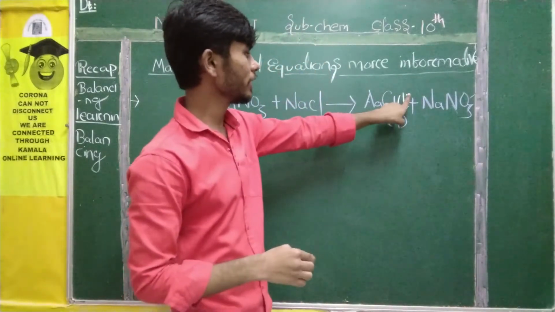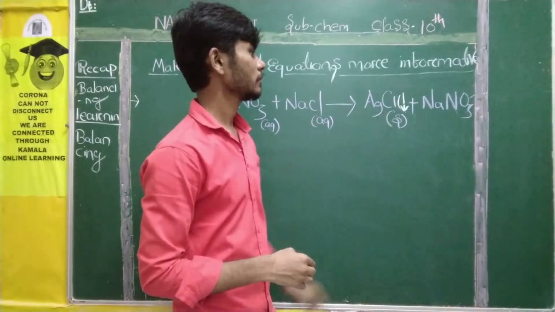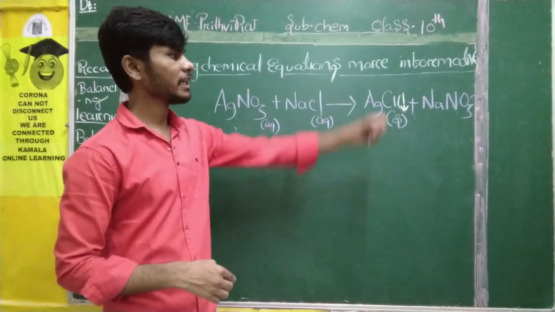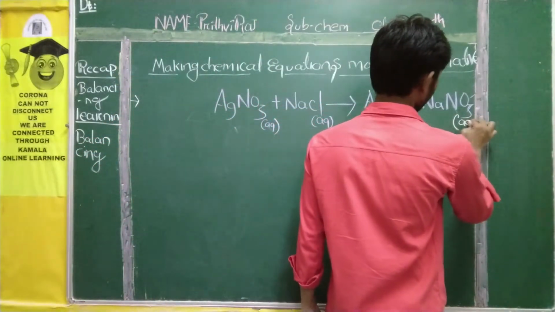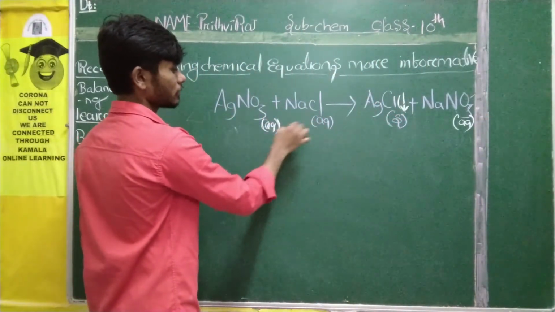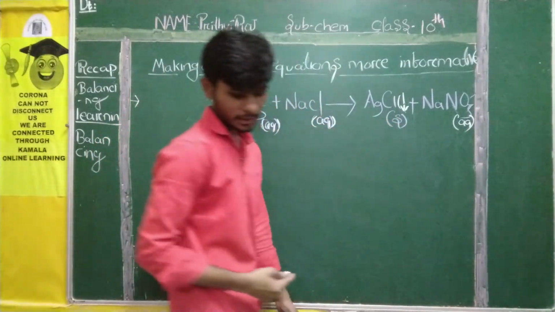Here you have to give a downward arrow. And the last one is NaNO3, that is aqueous. This is your water only. So this is also aqueous. This is solid and that is aqueous.